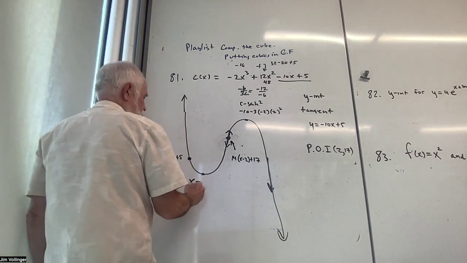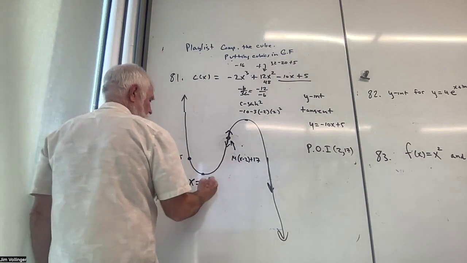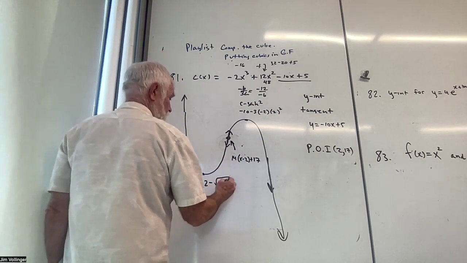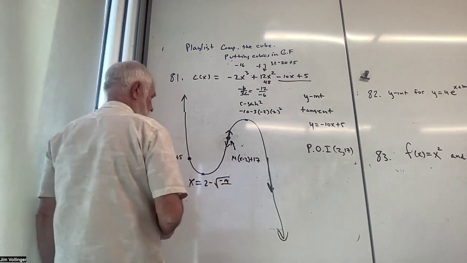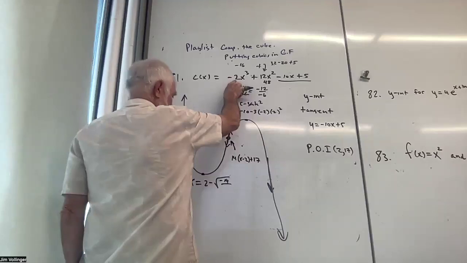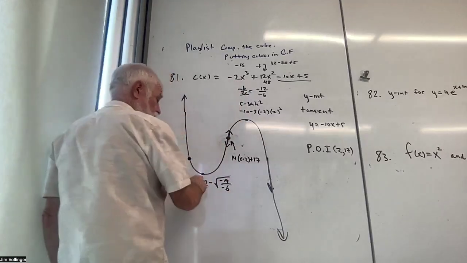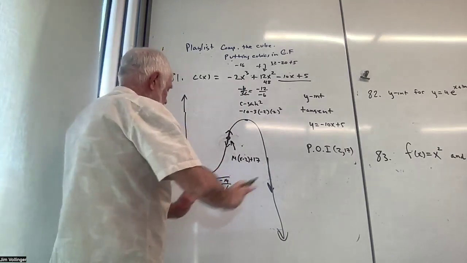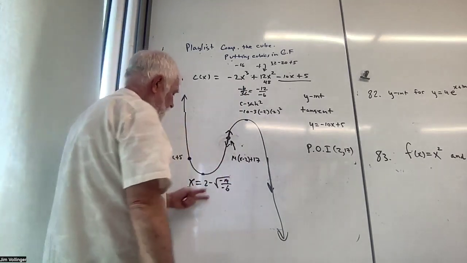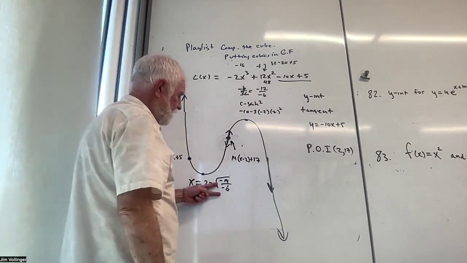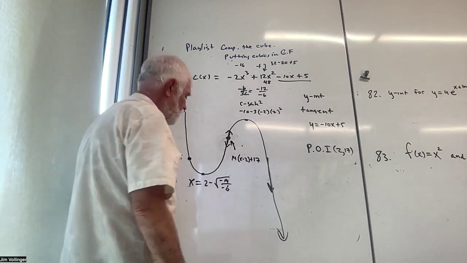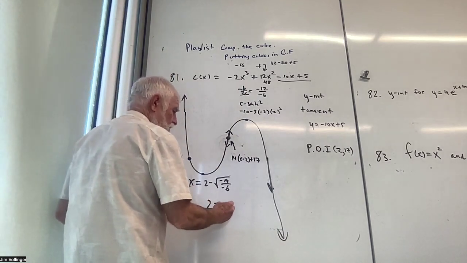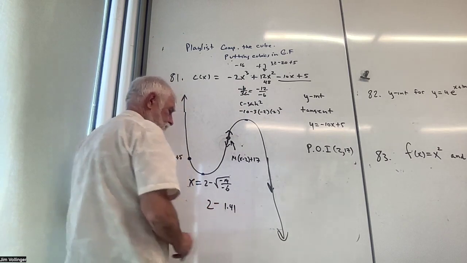So this x value is going to get measured from 2, and I know I'm going back. It's the square root of minus 14 divided by 3 times a. That's negative 6. So yeah, it's real. We have a real local minimum. And it's to the right of 0, I think, because that looks to be a little bit more than the square root of 2. The square root of 2 is approximately 1.41.